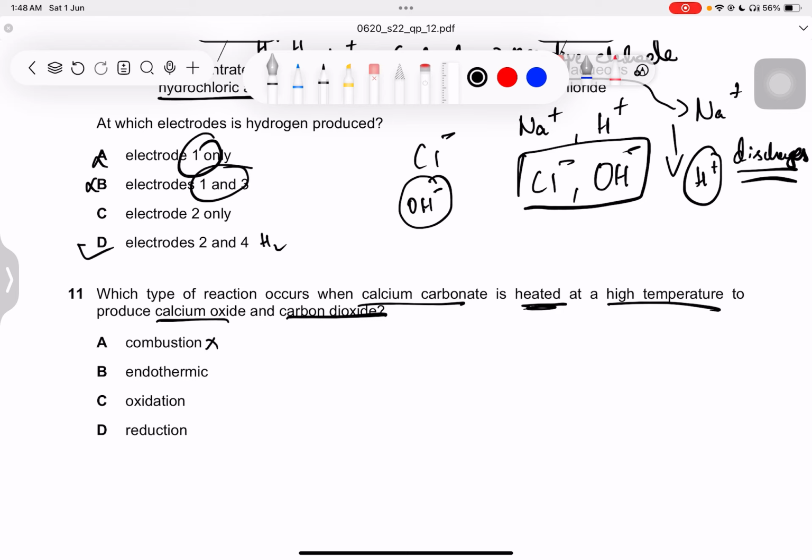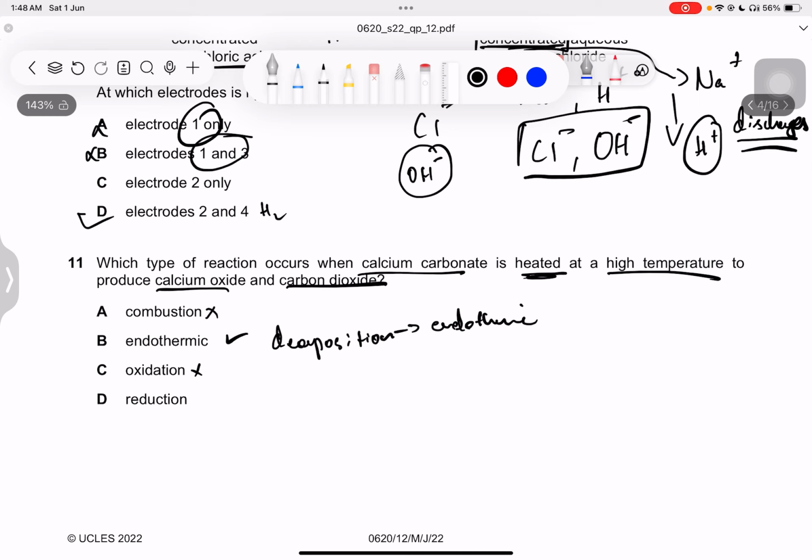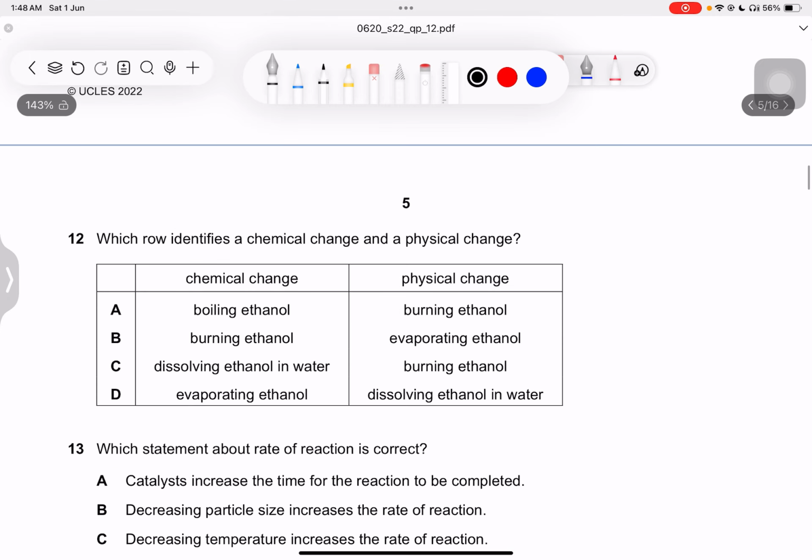The best is the thermal decomposition, and decomposition is endothermic basically. So endothermic is what should be correct. Oxidation, no, no change in oxidation of the calcium, and reduction, no, endothermic.